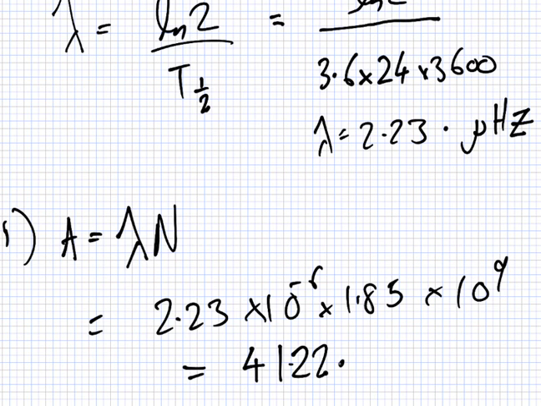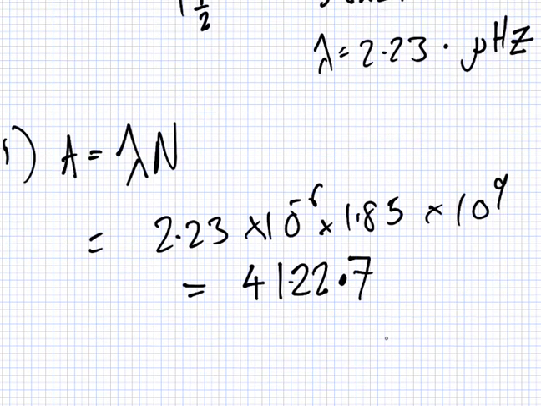There's no 10 to the anything. So, in other words, it would be 4120 to 3 significant figures. And what's the unit for activity? Not hertz, because N is atoms. Becquerel, atoms per second, yeah.